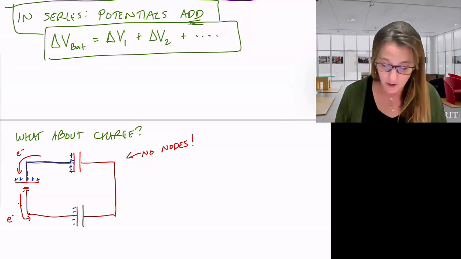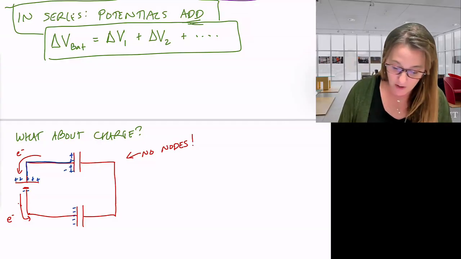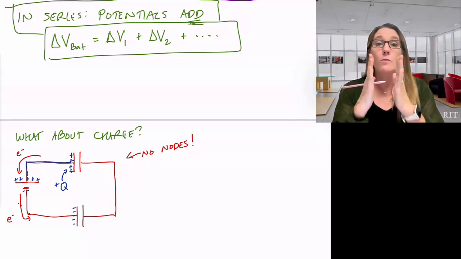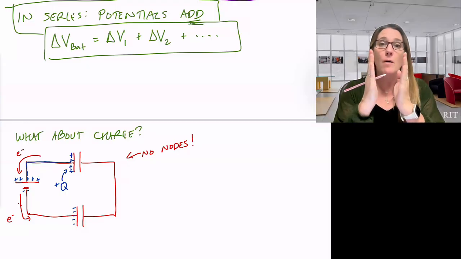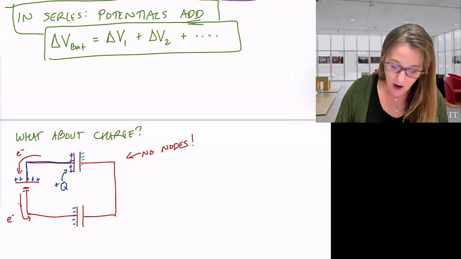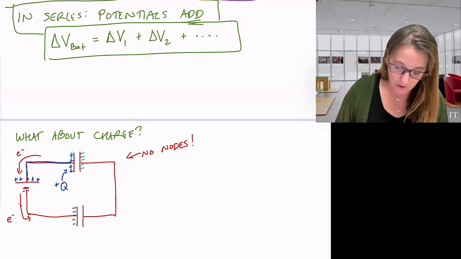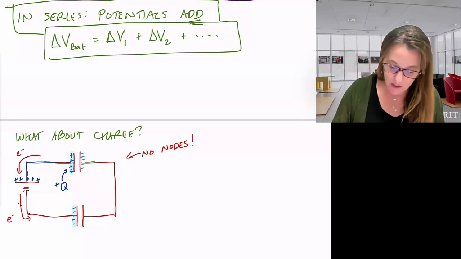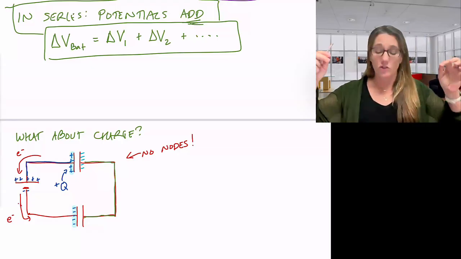And so then I have some charge on this capacitor, which I'll just say is like this side is plus Q. And remember, capacitors in steady state are going to have equally charged but opposite plates, which means I'm going to have this plus plate at the top and a minus plate on the bottom.